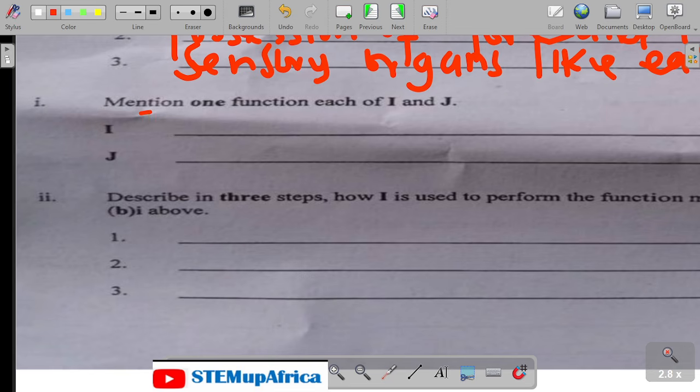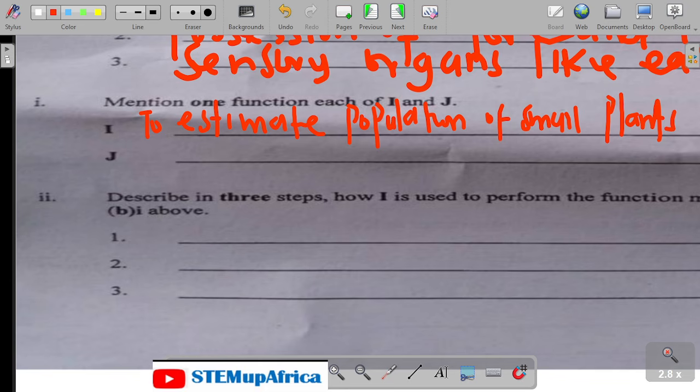And J is for catching flying or jumping insects. That is it, for catching flying insects.